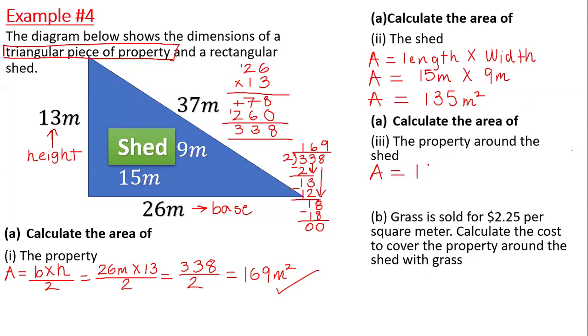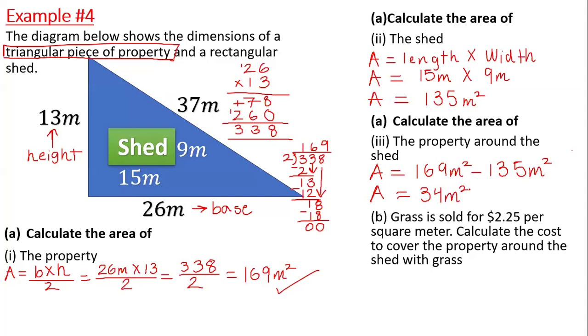So it's going to be 169 meters squared minus 135. Answer is 34. 34 meters what? Meters squared, because you're dealing with area.